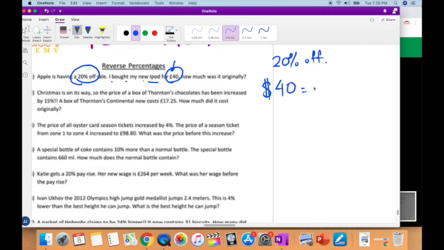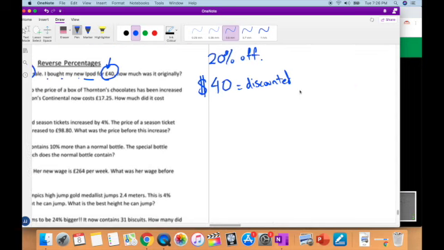This is the discounted price. After they give me 20% off, I paid $40. What was the original price?